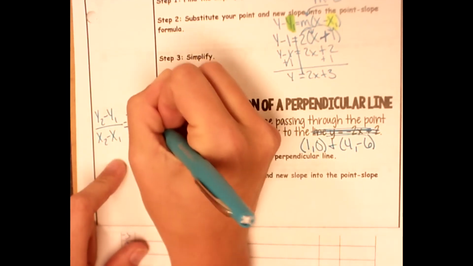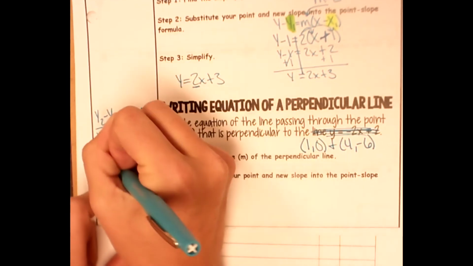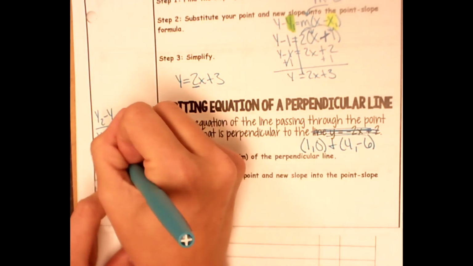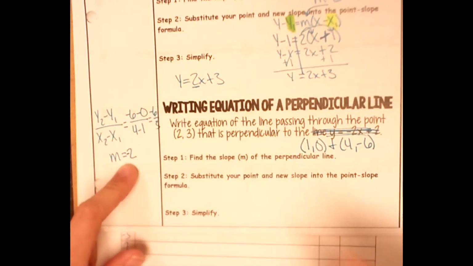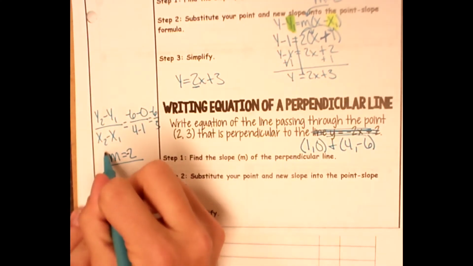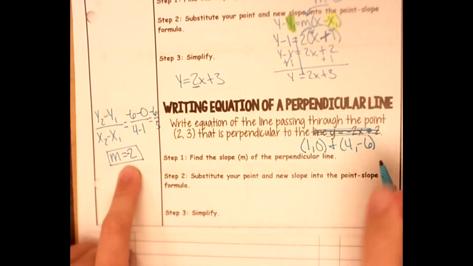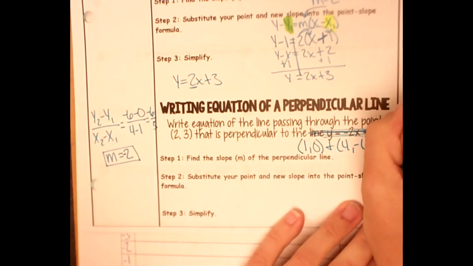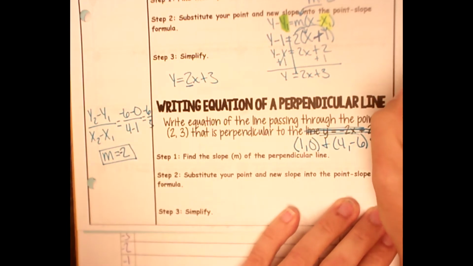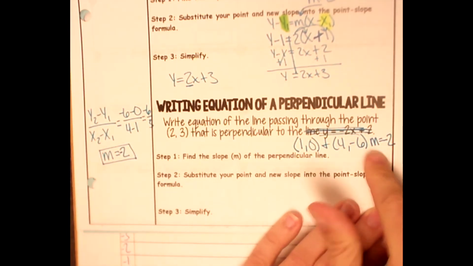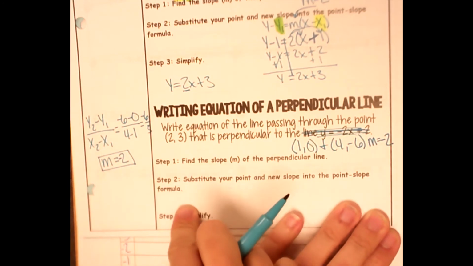We get -6 over 3. So my original slope is m equals -2. So this added an extra step. You had to find that the slope of these 2 points is m equals -2. You have to find that first before you can start the steps here.